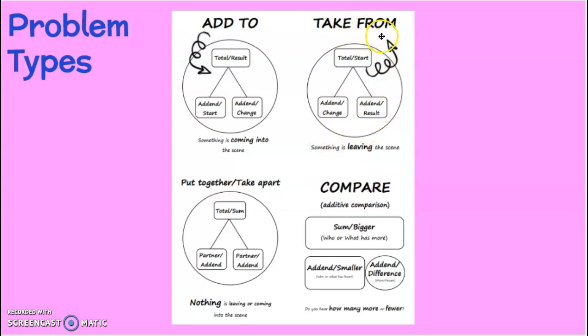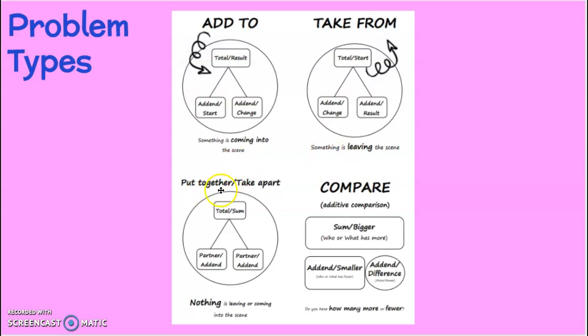Okay. Then there are take from problems. Whoop, something is leaving the scene. Something's going away, getting eaten, getting subtracted in some kind of way. Okay, so those are add to and take from. Those are the ones we're going to be focusing on today.